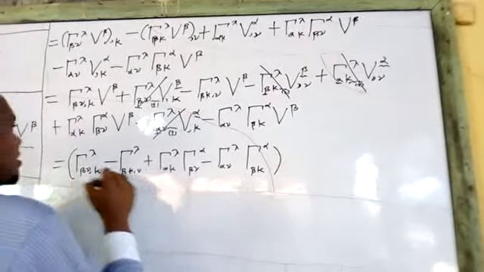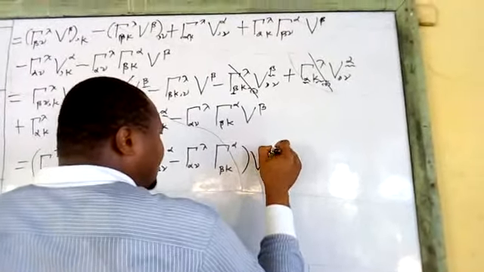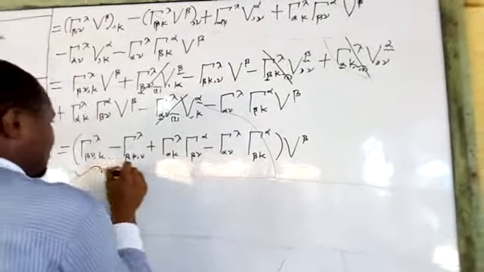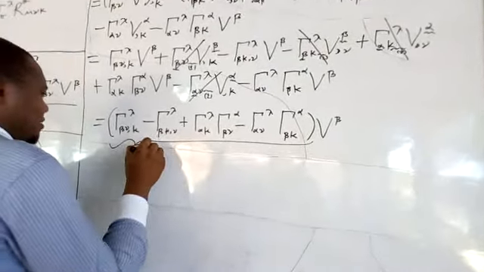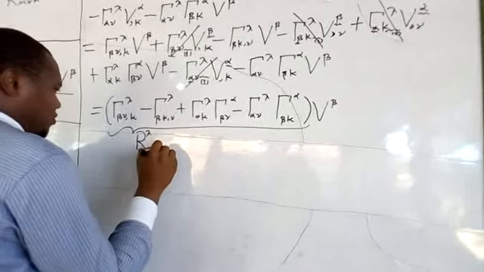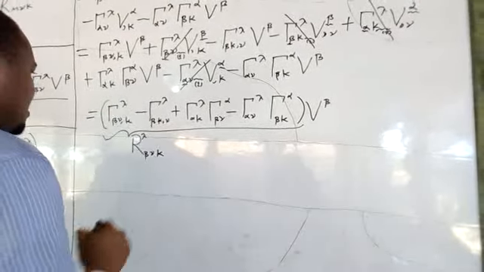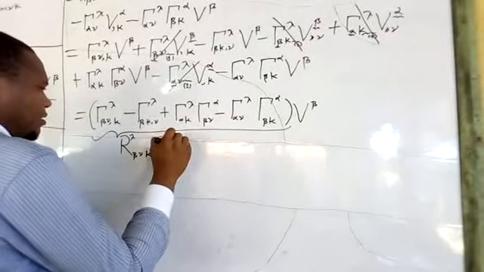And all of these have a V^beta multiplier. Of course, we can recognize this object in the bracket as I always do, R^lambda_beta nu kappa, I'm guessing, and this is going to be V^beta.